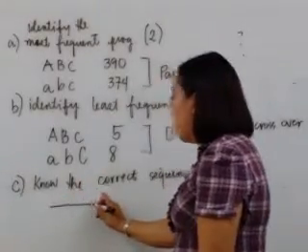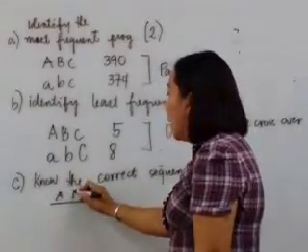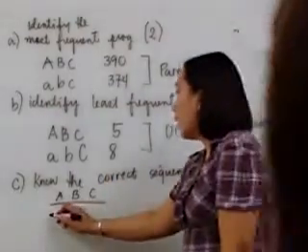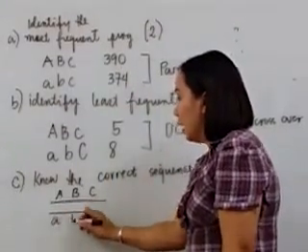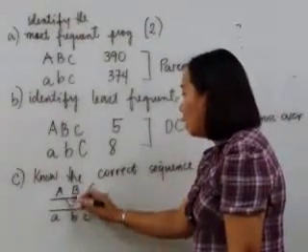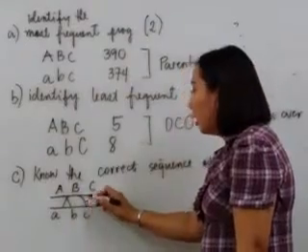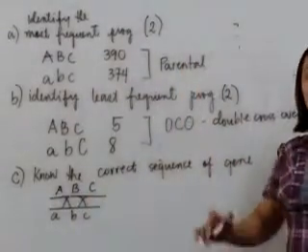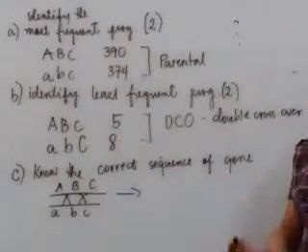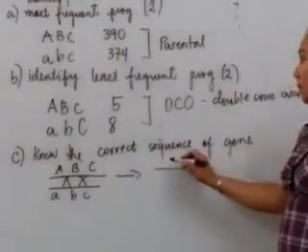So this is the example. If your parent is actually ABC dominant, and the other parent is ABC recessive, if you're going to have a double crossover, if this is the correct sequence of the gene, the products should be, what are the products?